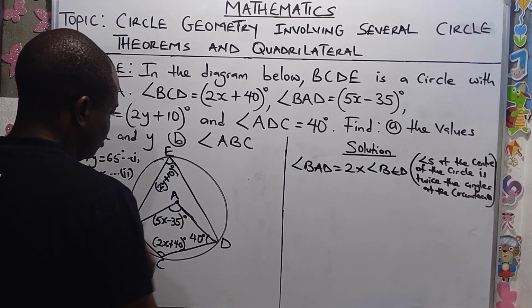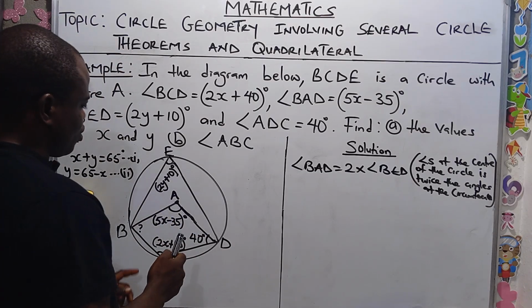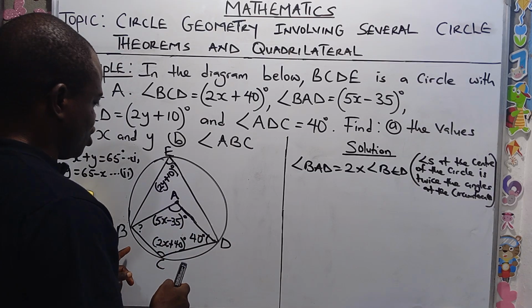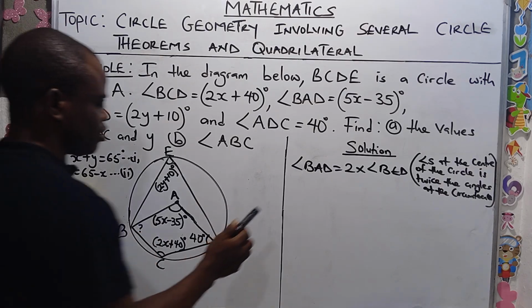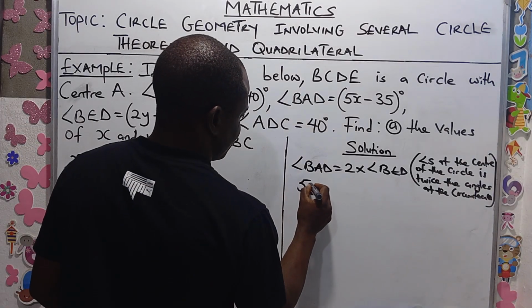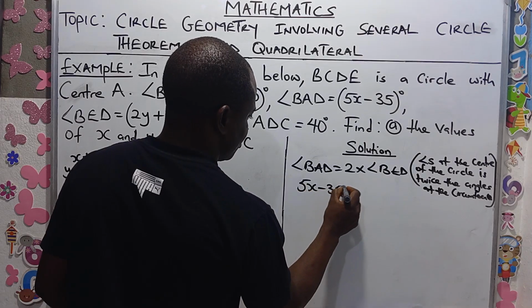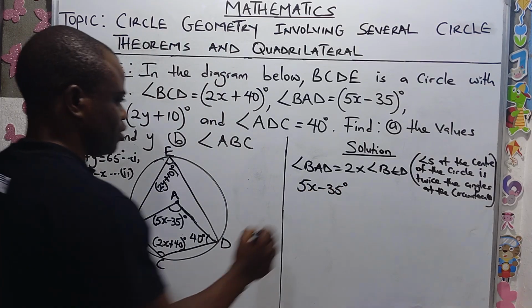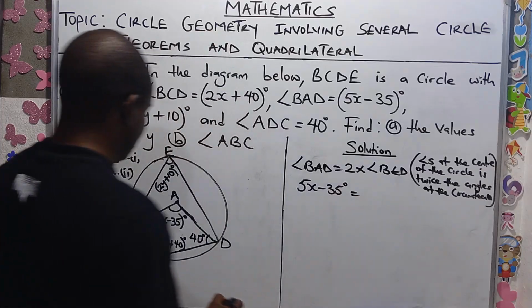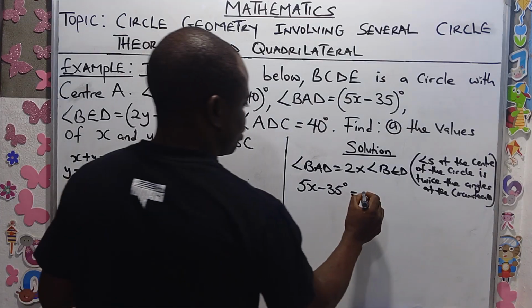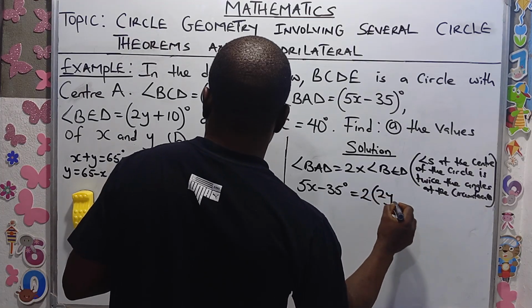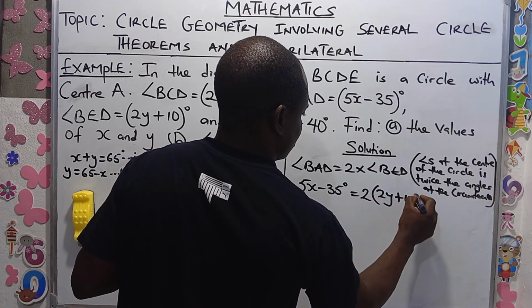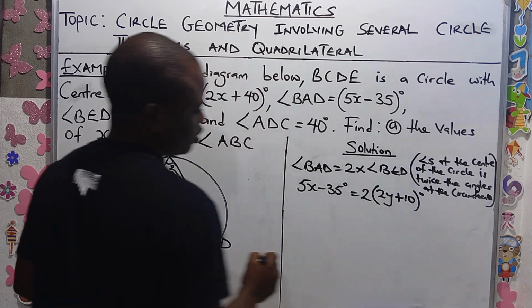Now, when you know that, what's angle BAD? Angle BAD is 5x minus 35. 5x minus 35 degrees equals 2 times open bracket 2y plus 10 degrees, close the bracket.